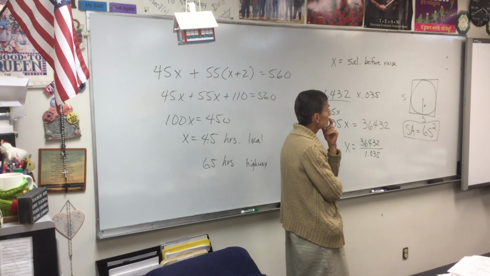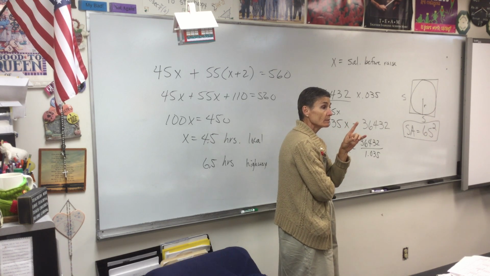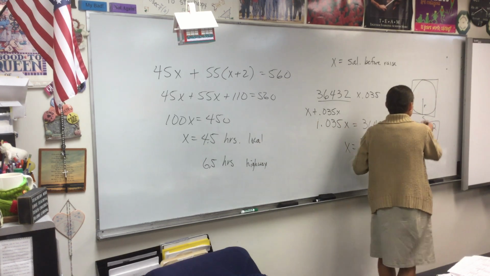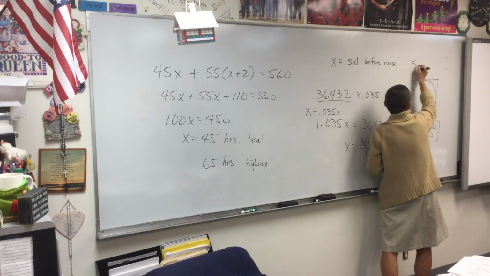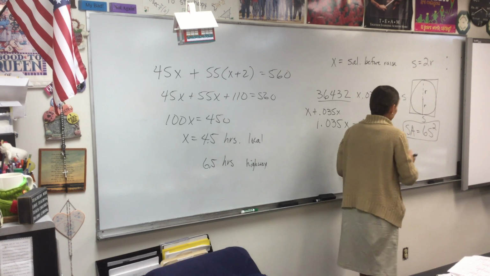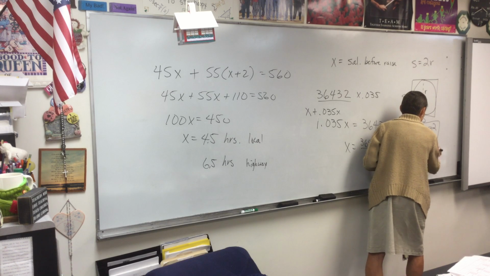What do you think? Well, the radius times 2 would be s, right? Would you agree with that? s equals 2r. Yes. So I can come down here, and instead of s, I can say 2r.